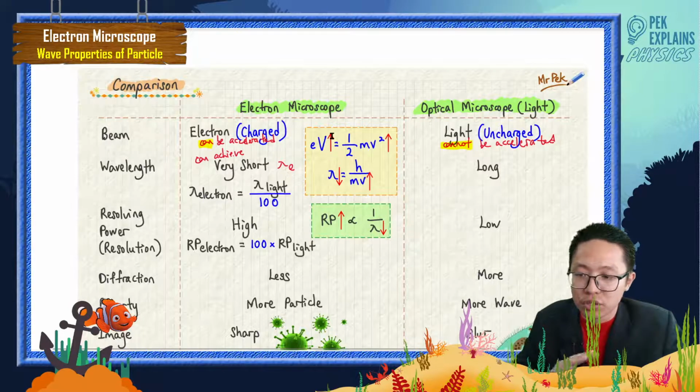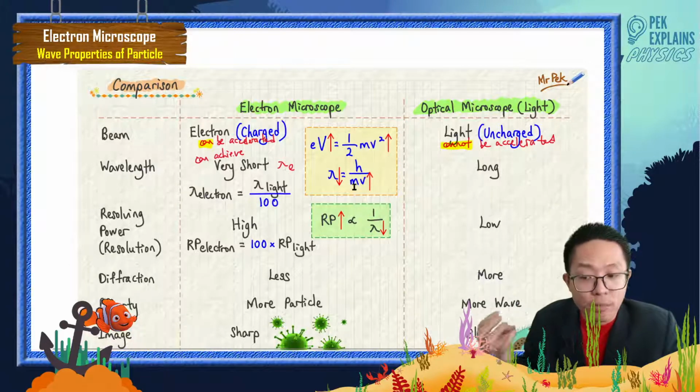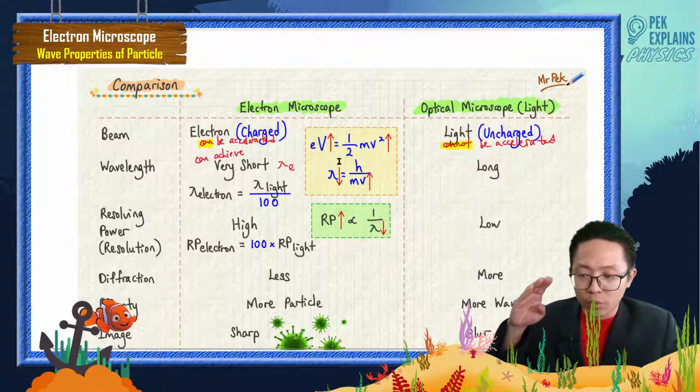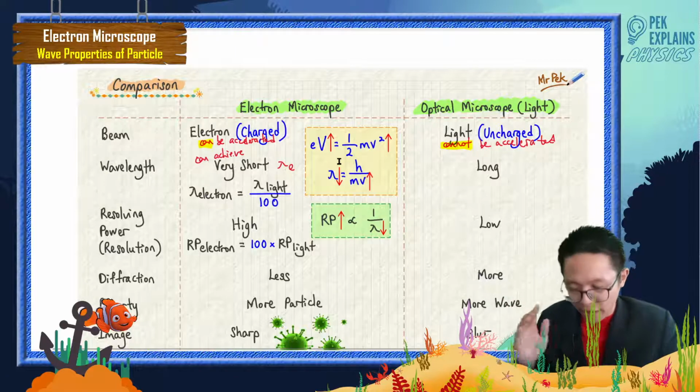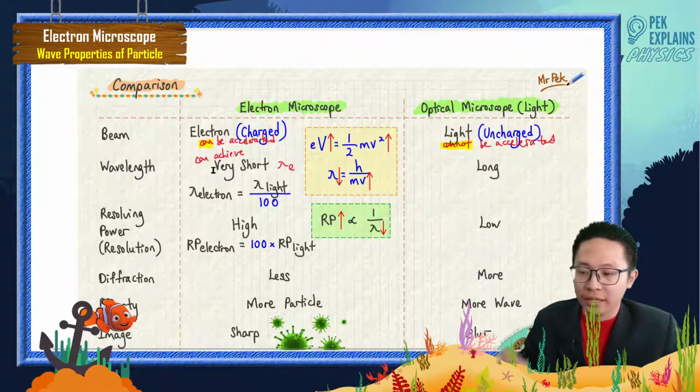You will get a very high velocity electron, very high momentum, and the wavelength can be reduced into a very, very short wavelength.